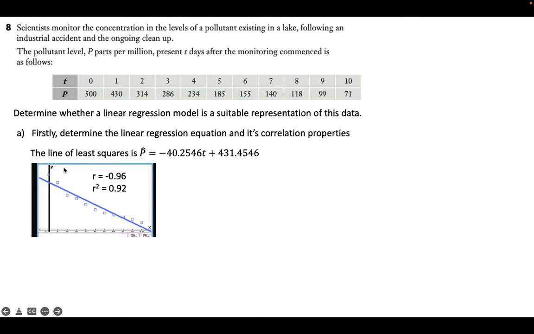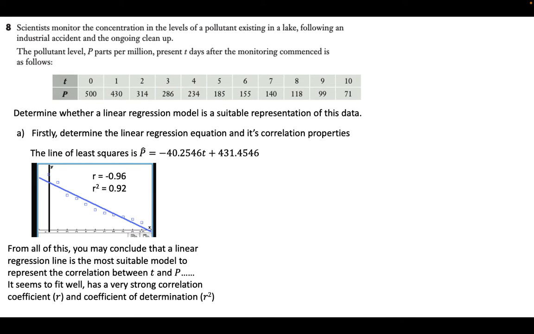Now if we graph that and we do a linear regression line here, and then we look at our correlation coefficient and our coefficient of determination, they're pretty good. You could be excused for thinking, in fact, that a linear model for this particular data would be a good representation of that data.